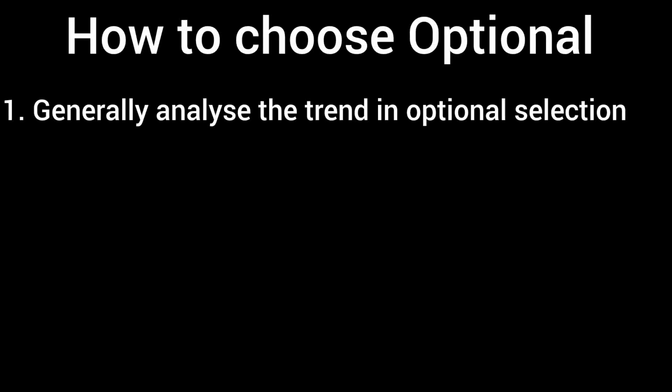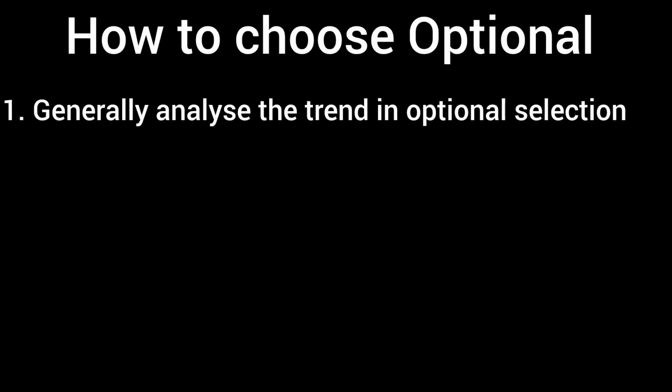So generally, before we choose an optional, we have to know the trend that is going on in optional subjects. That is, we have to understand what is the success rate of each and every optional. This is because without knowing the trend analysis, if we choose an optional, that may have a worst effect on our mains overall score.